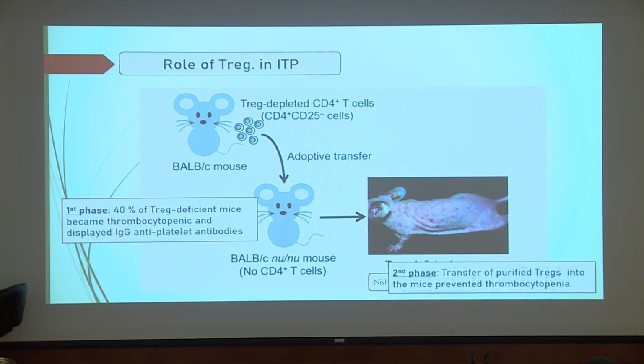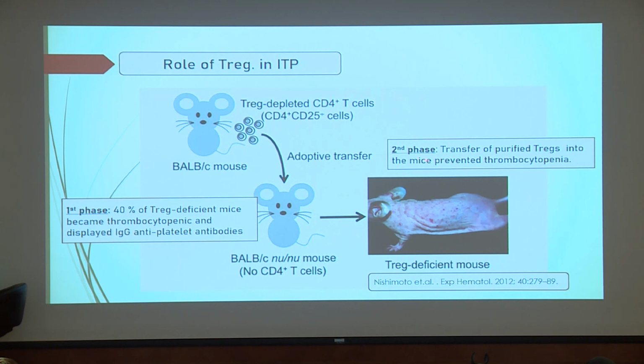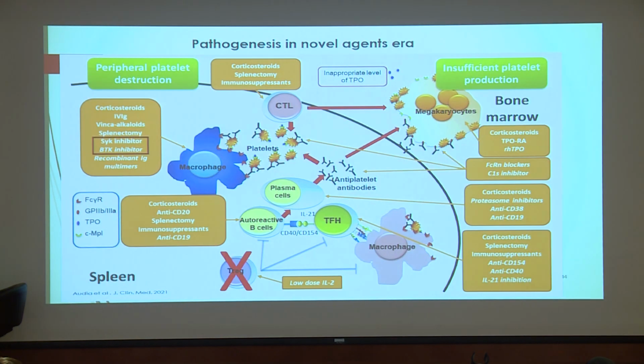In phase 2, he back transferred the purified Tregs into the mice and prevented thrombocytopenia, confirming the role of Treg in ITP, which became actually one of the best studies as the cornerstone in using some novel agents to target, to restore the Treg function in ITP, and I will show it to you recently.